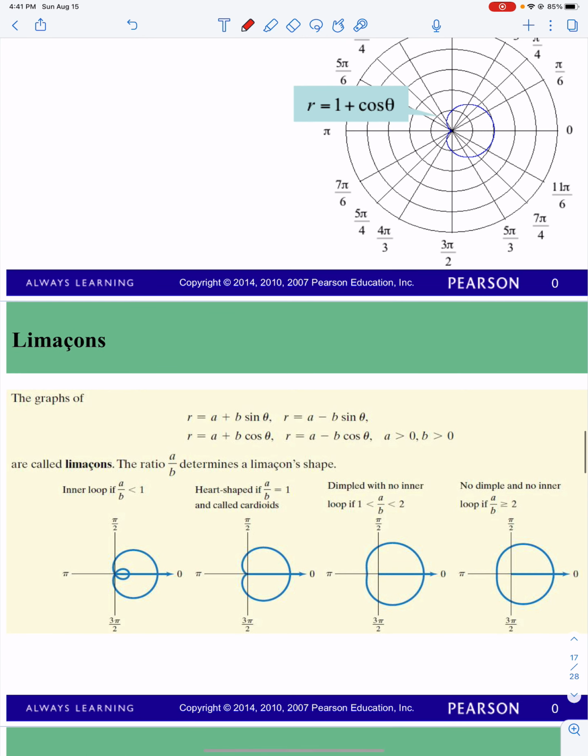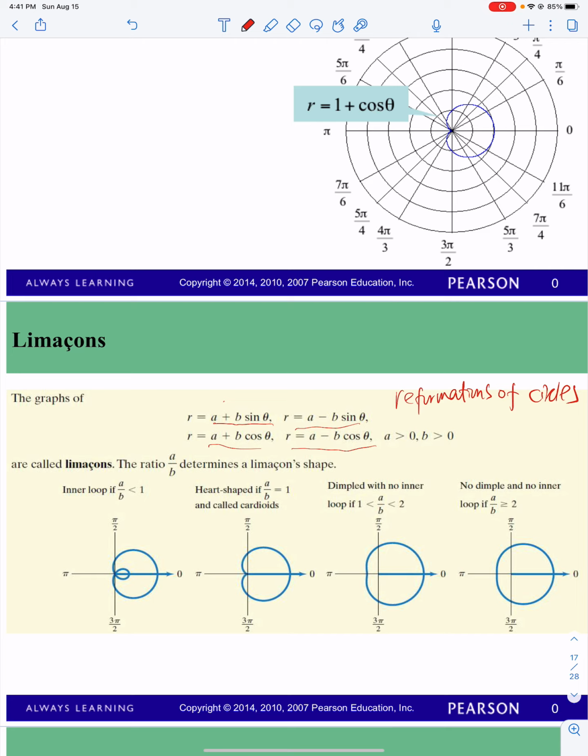There are 4 different types. You guys only need to know that these are always different types, which I call transformations of circles. If you have a plus b sine or a plus b cosine, with sine or cosine by itself, it will be circles.